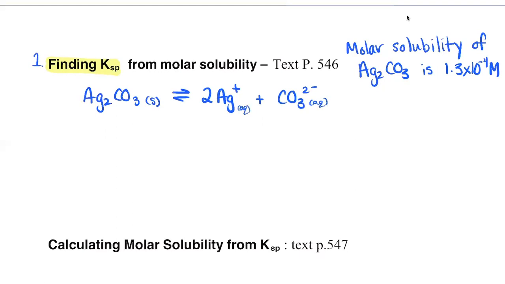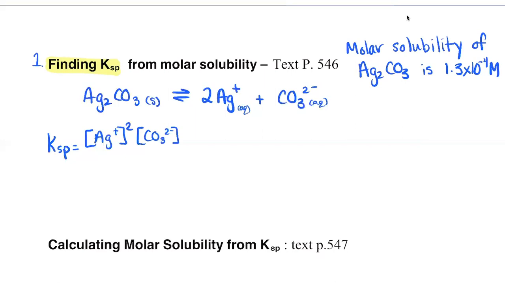So to determine the KSP, products over reactants, again, our solid is not going to be included. So we've got the concentration of Ag+ squared times the concentration of CO3 2-.